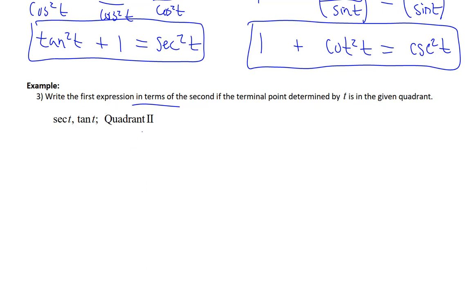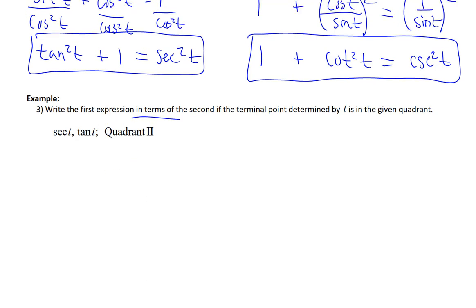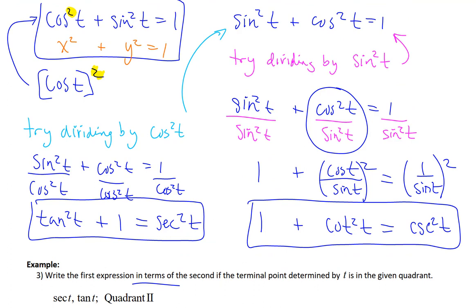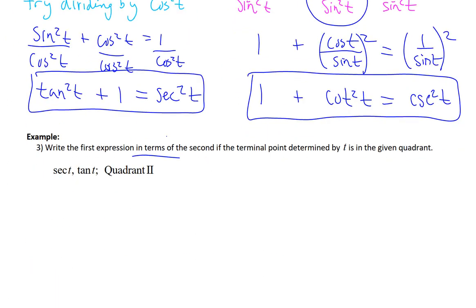So let's look back through our trig identities so far, the Pythagorean identities, and look for one that involves secant and tangent. You will find exactly one that does. So we know from exactly what we did before that secant squared of t is equal to 1 plus tangent squared of t.